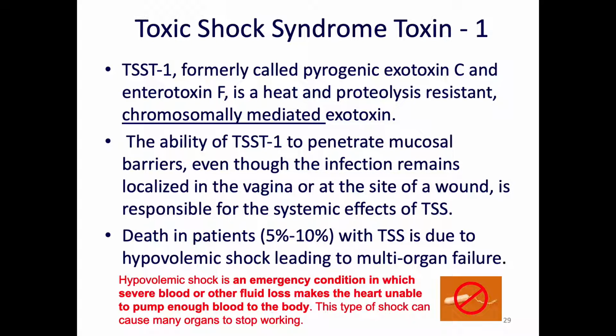In the previous century, when we didn't know that tampons are associated with this disease, the mortality was between 5 to 10%. This was because of hypovolemic shock leading to multi-organ failure. We already mentioned that it can cause hepatic failure and other failures as well.